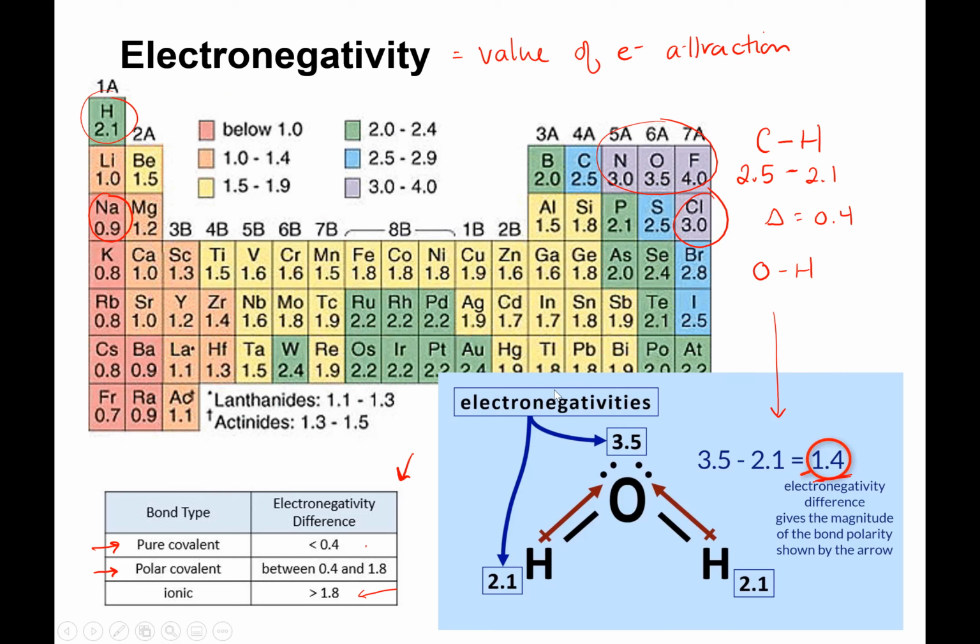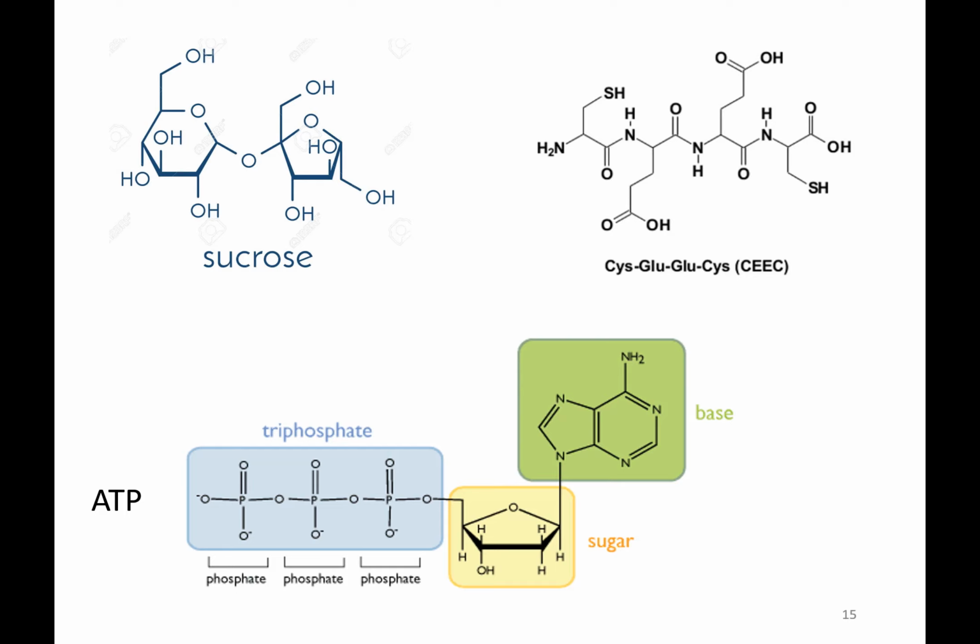So let's go back to the macromolecules of the cell, such as sucrose. Sucrose is an example of a carbohydrate or sugar. And what I want you to notice is look at all these OH groups.